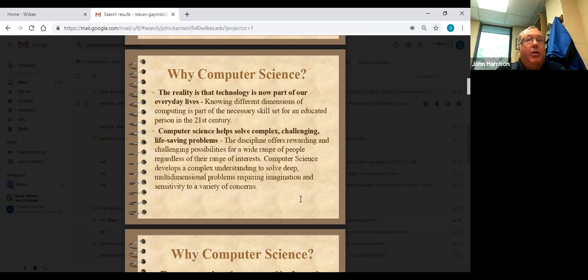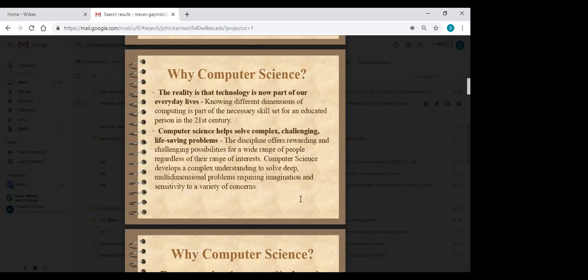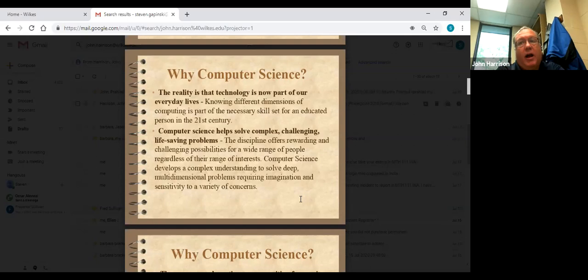You can be a programmer, and there's all kinds of platforms now to do programming. Probably as this presentation progresses, big data: being able to look at big data sets and analyze them. These are things that are important in medicine, biology, and chemistry. So there's lots of application of computer science across disciplines.